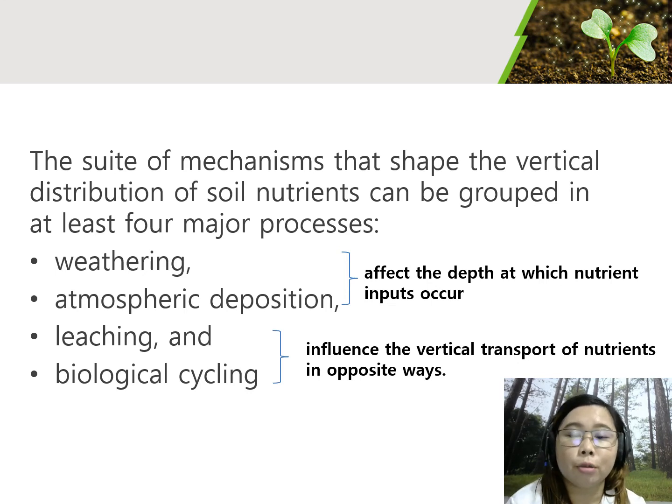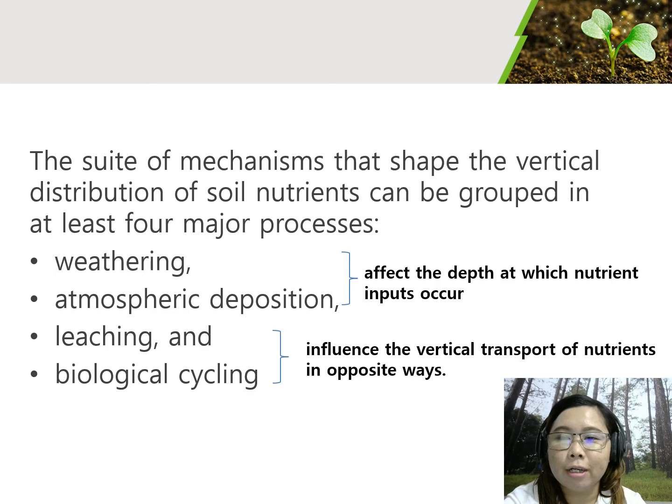The first two, weathering and atmospheric deposition, affect the depth at which nutrient input occurs, while the last two, leaching and biological cycling, influence the vertical transport of nutrients in opposite ways.